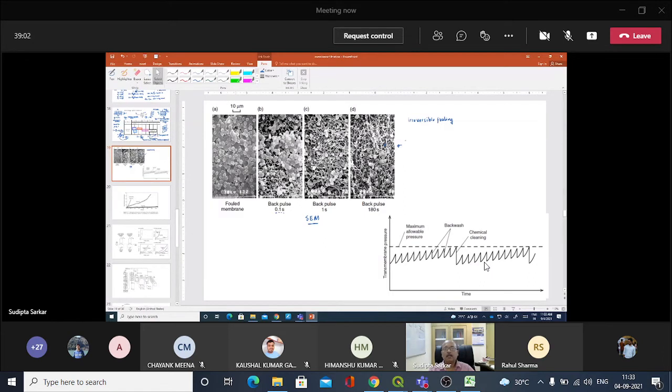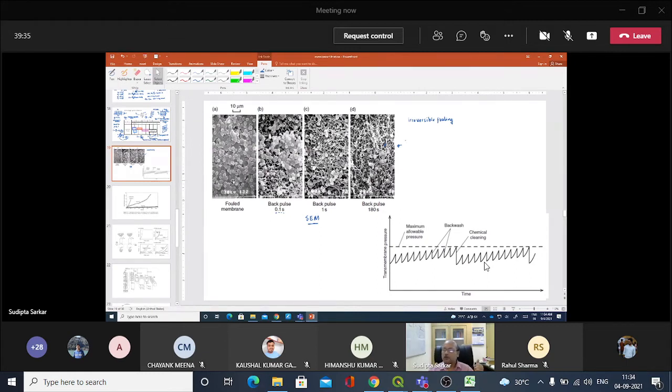As you do your treatment, the transmembrane pressure for the same flux is going to increase over time. When you reach a limiting value of transmembrane pressure, beyond which you cannot increase the pressure because the membrane can get damaged, you decide to give a back pulse.